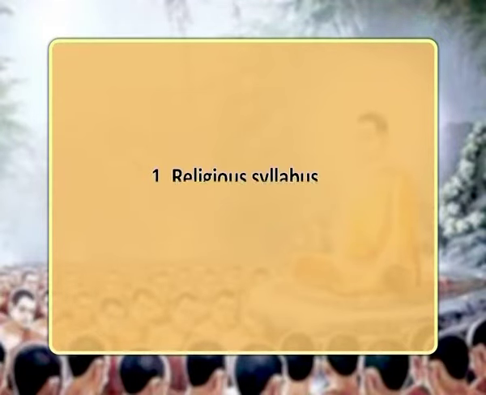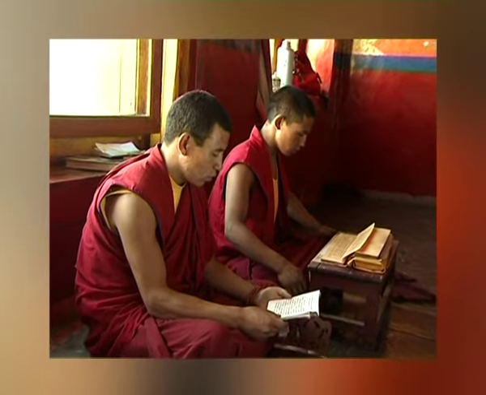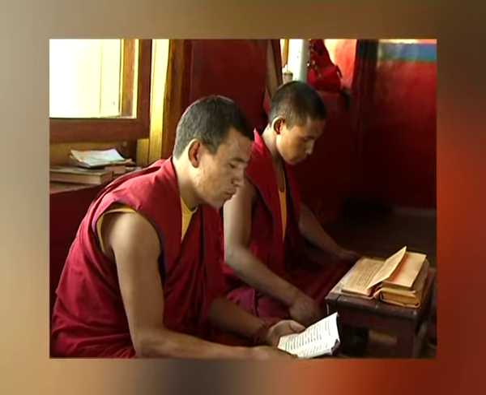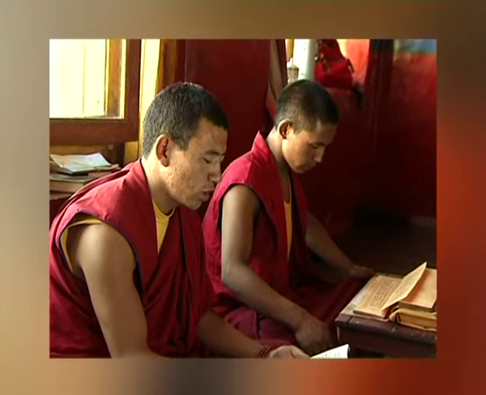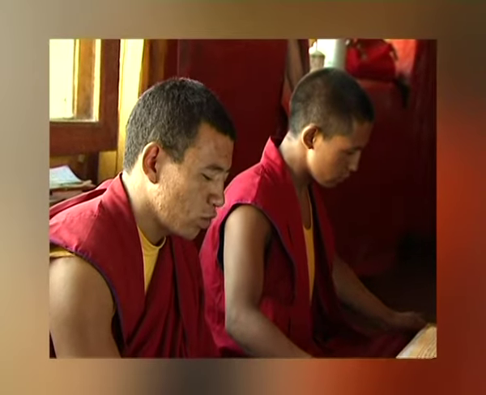According to Professor Bhatnagar, and I quote him, the educational syllabus in the Buddhist period was of two kinds. The one, he says, is a religious syllabus and the second the material syllabus. The former comprehended the teaching of Vedas and Buddhist literature, while the latter paid attention to the material and physical needs of the society.